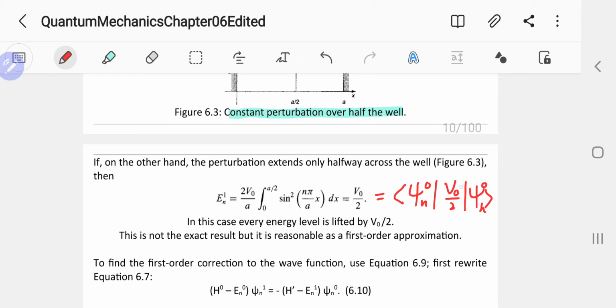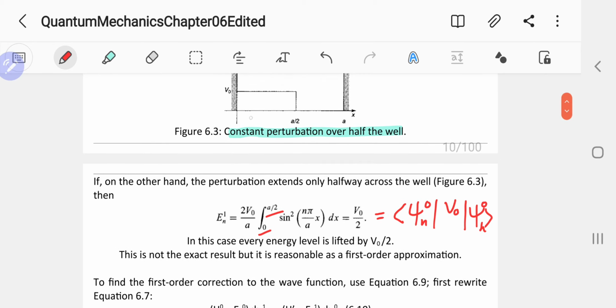I'm sorry, this is not V_0 over 2 but just V_0. But again, in this case, you have to integrate only from 0 to a over 2, because the perturbation is only from here to here.